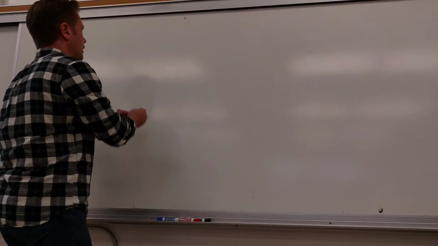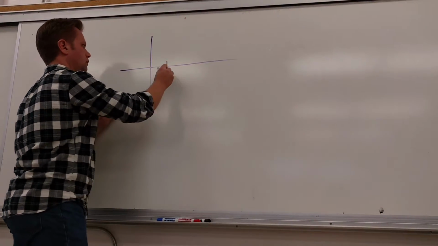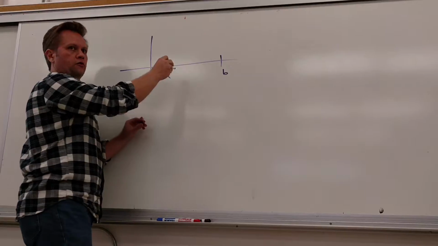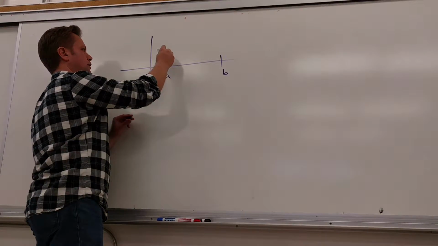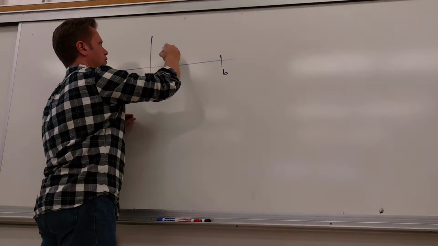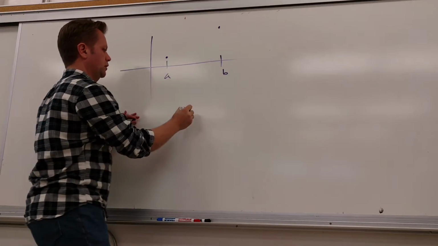So, let me ask you some questions before we even talk about the idea, the actual procedure. If I have a function from A to B, and let me tell you something about the function.